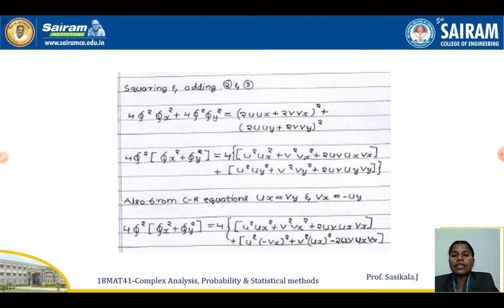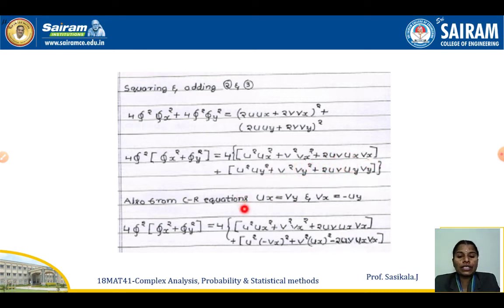Now take out 4 phi square as common here, and on the right side also 4 is common, because you have square terms, so you can apply a plus b the whole square here. Then I will get 2 squared as 4, then ux the whole square, u squared ux squared plus v squared vx squared plus 2uv ux vx. Similarly for the v term also.